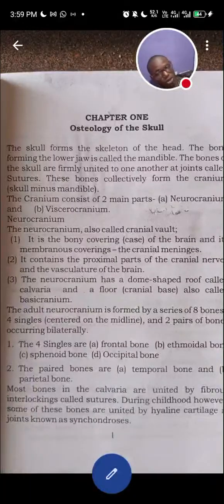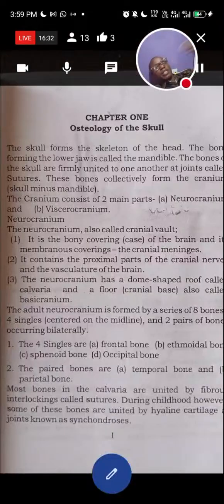The roof is called Calvary. That's the proximal part of the neurocranium. For me, Calvary is okay because you remember the word Calvary.